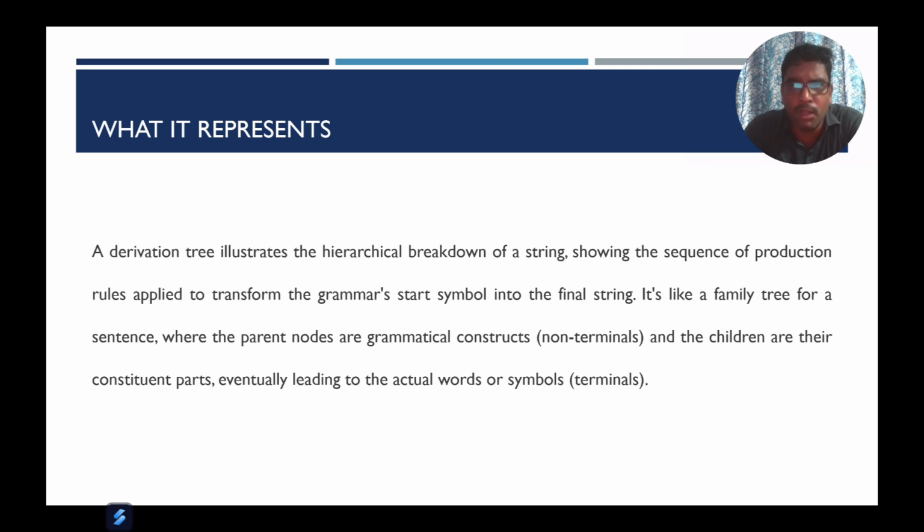Clear? All the parent nodes are represented with non-terminals, that is variables. All the children are represented with terminals, that is symbols, which generate the word.